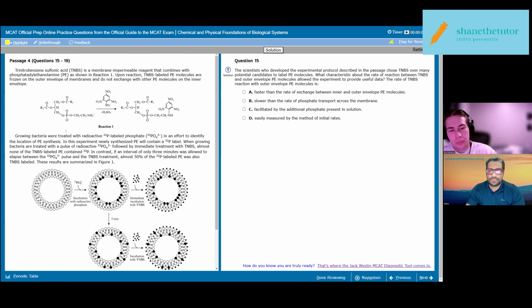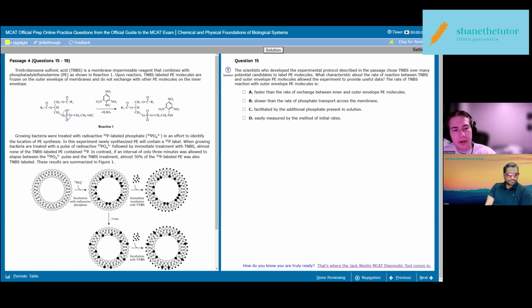Growing bacteria are treated with radioactive phosphate, P32 labeled phosphate, in an effort to identify the location of PE synthesis. In this labeling experiment, newly synthesized PE will contain the label.